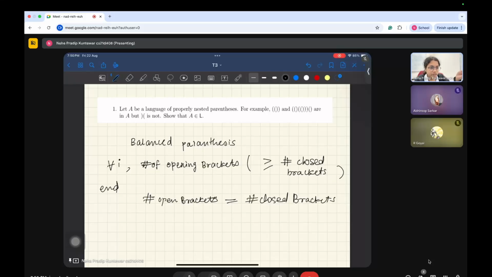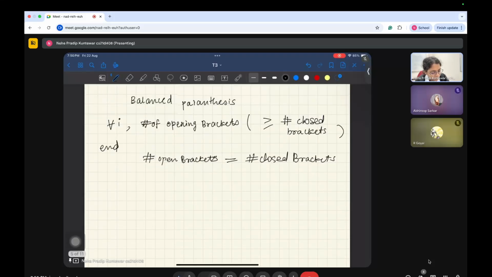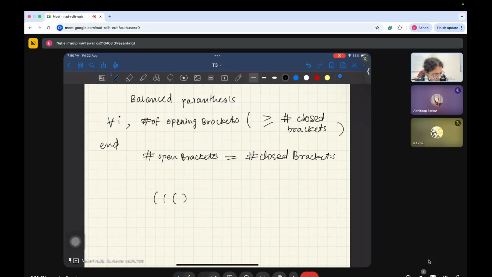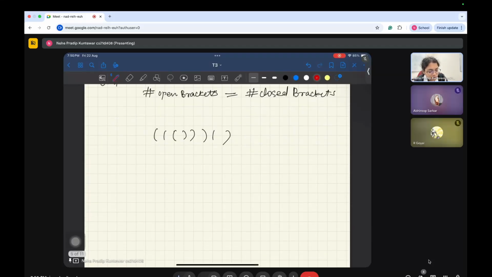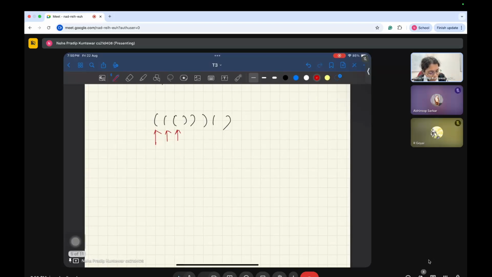So like Goyal said, what we'll do is simply look at the input that is given. We'll start from here and keep incrementing the counter whenever you encounter an open bracket, keeping a count of the number of unmatched open brackets.